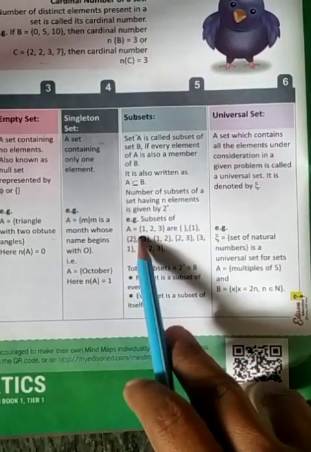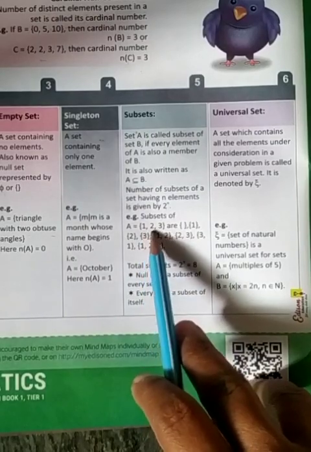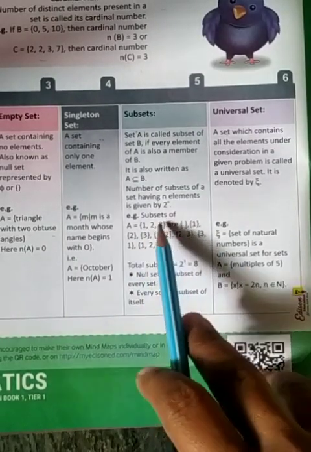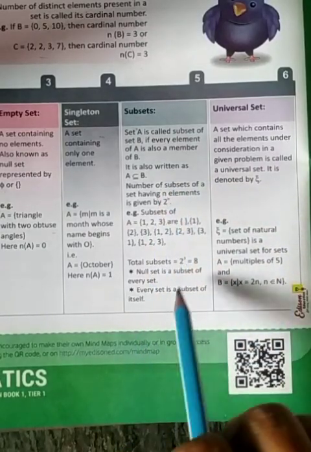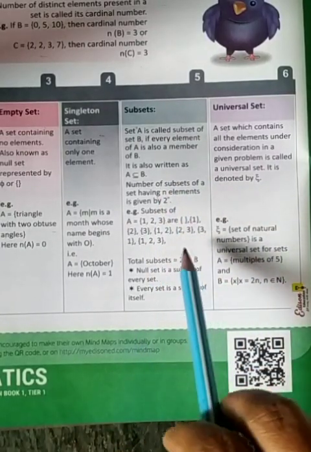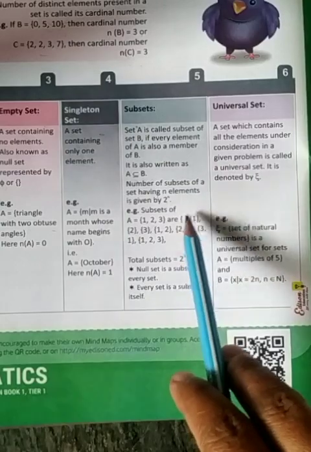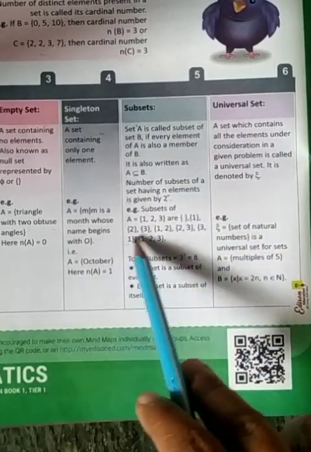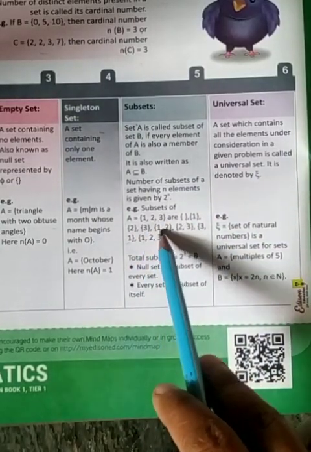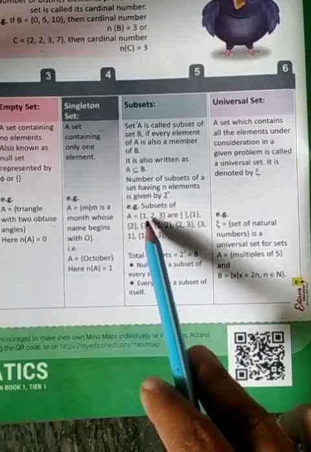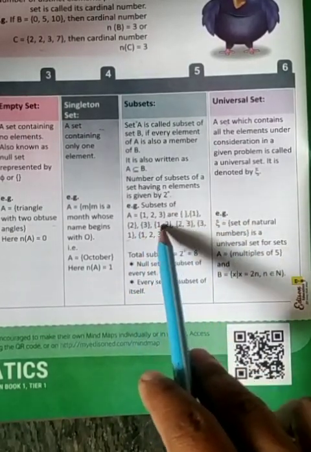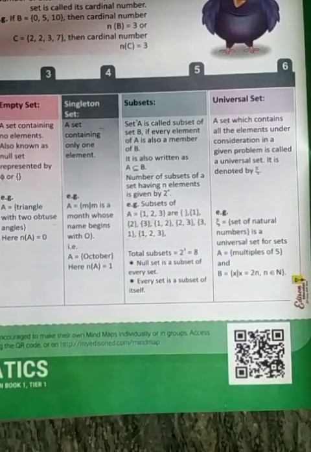A is equal to {1, 2, 3}, and they ask you to find the subsets. So what all subsets will come? You can write the null set here, then {1}, {2}, {3}, {1, 2}, {2, 3}, {3, 1} and {1, 2, 3}. All this will come under the subset.